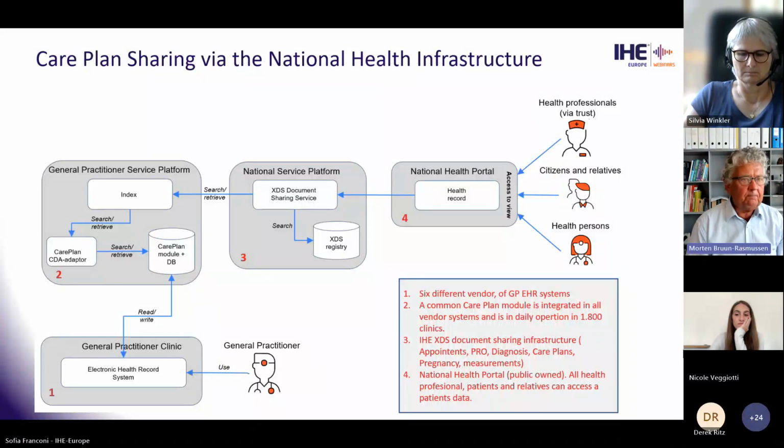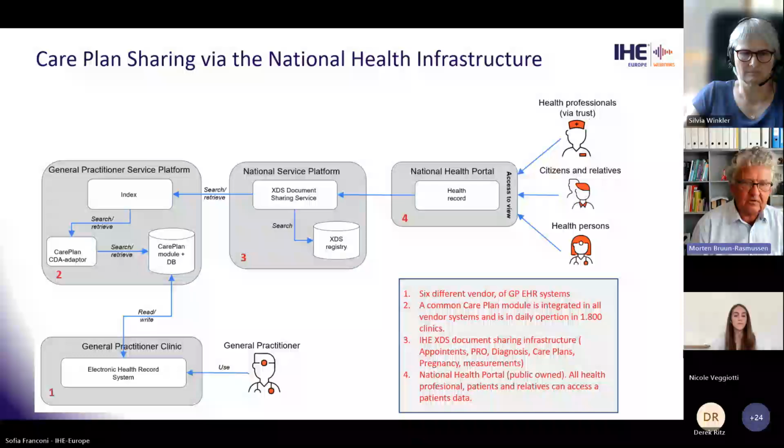If you take box number 2, the 6 vendors have formed a new company, and they have developed a general practitioner service platform. So instead of each vendor developing their own components, there is a lot of functionality in this platform. One of the functionalities is a care plan module, including a database, which is integrated to the different vendor systems.